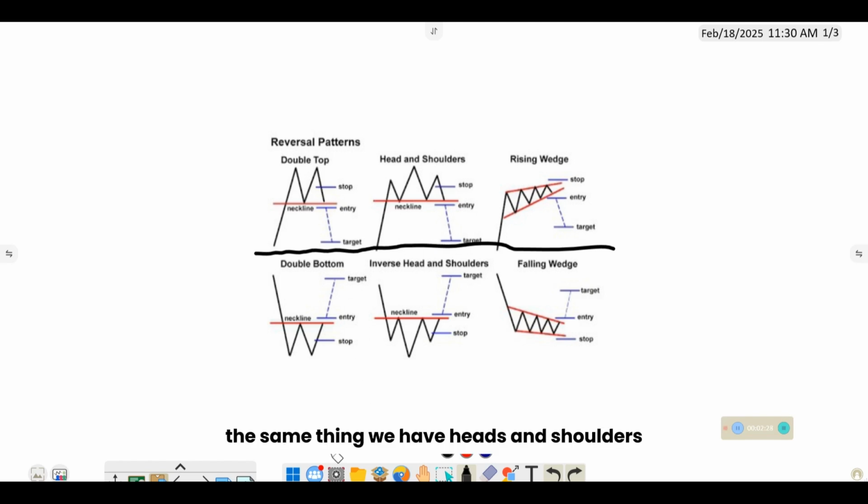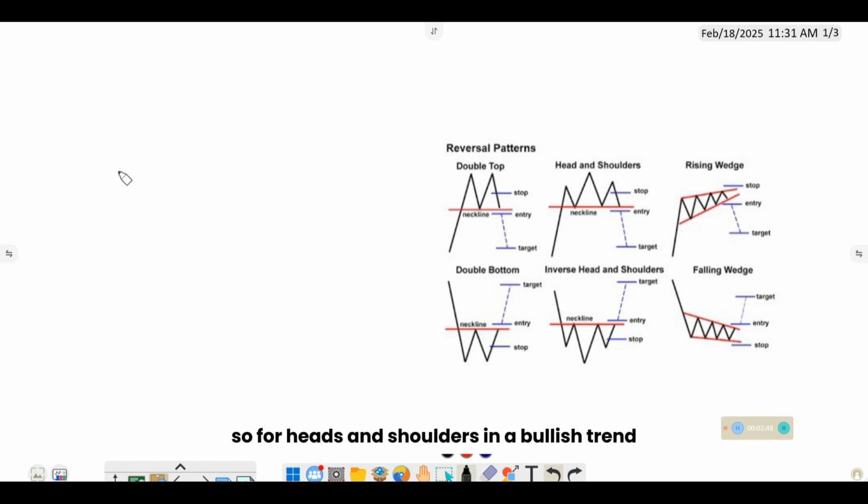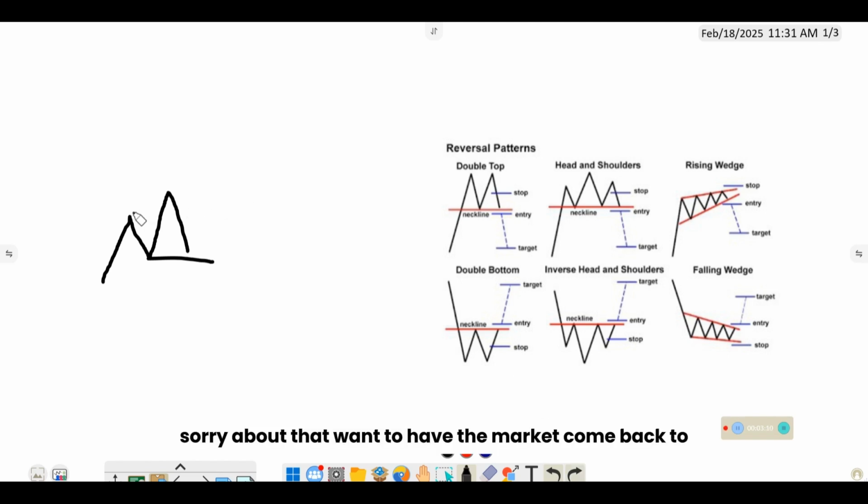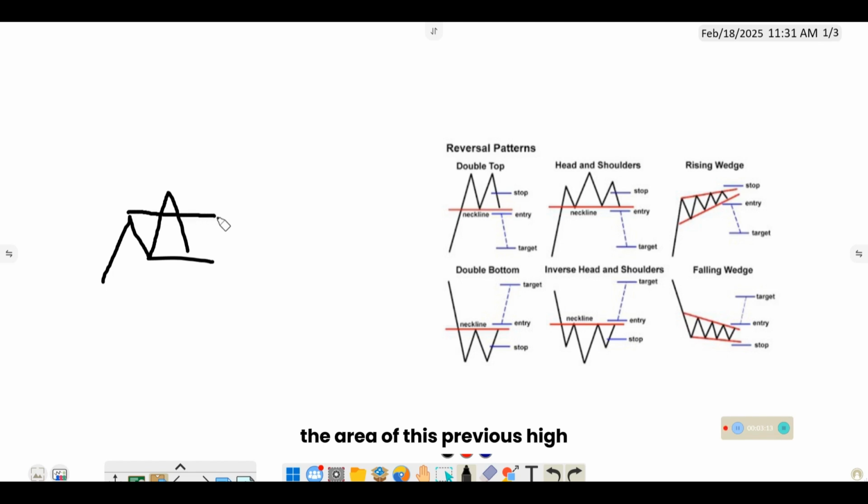The same thing, we have head and shoulders. In a bullish trend, we have the market trending like this, and we want to see one candle break above, then come back to the low of the previous candle, then come back to the area of the previous high, and then start breaking below.